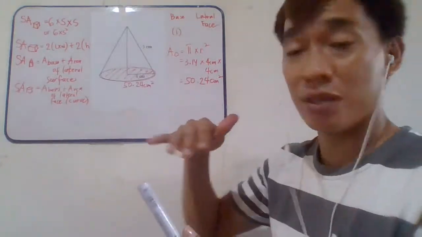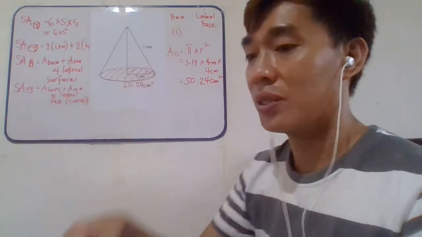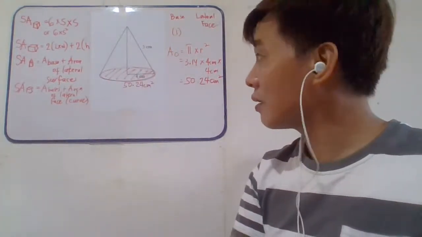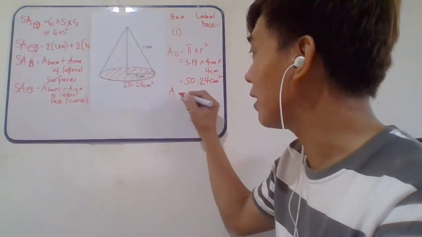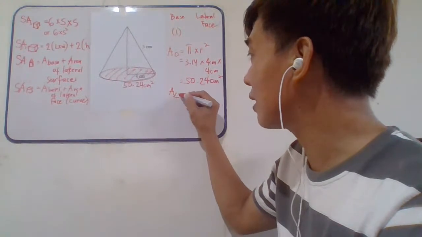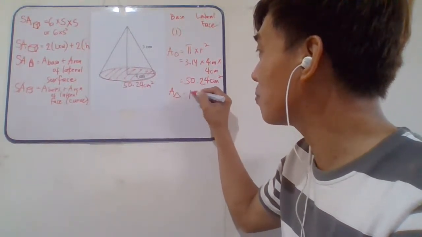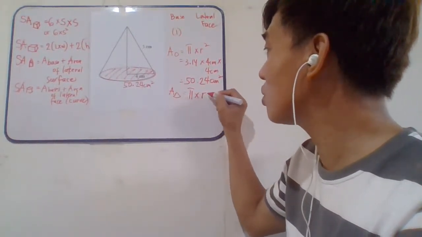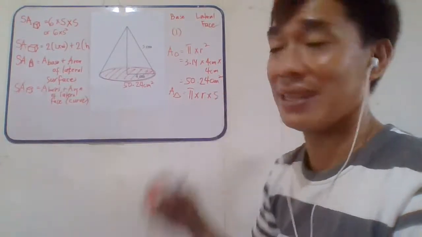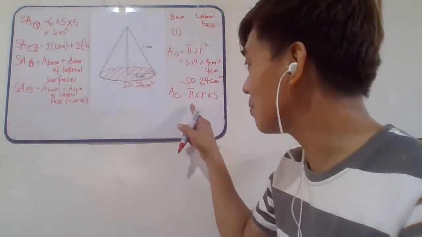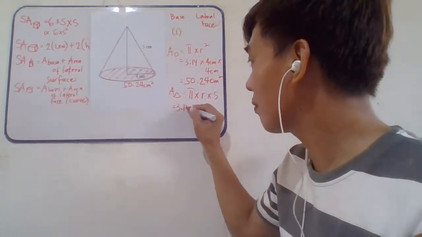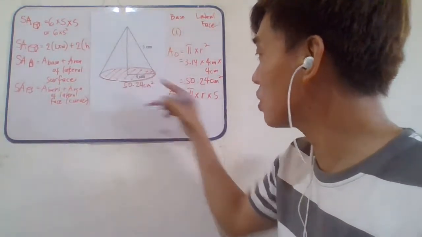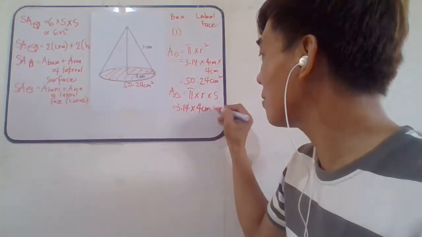How do we get the area of the curved face of the cone? That is pi times radius times slant height. Pi rs means pi, which is 3.14, times radius, which is 4 centimeters, times the s.